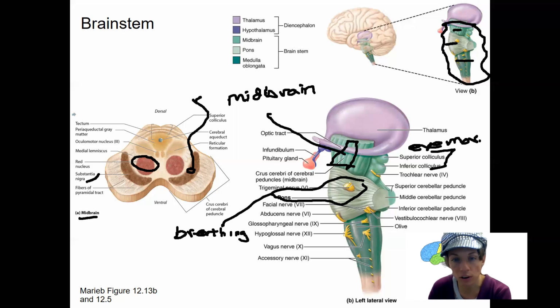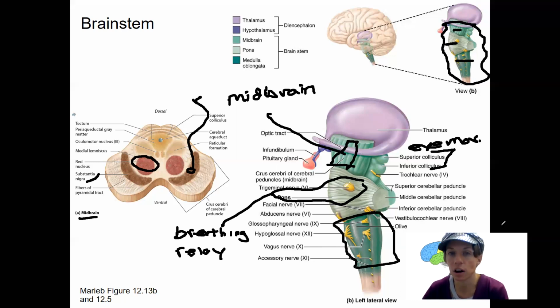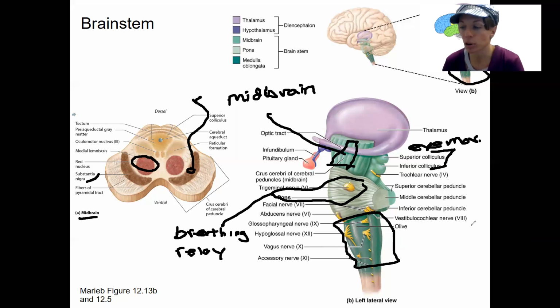This would be facial movement from the trigeminal nerve, etc., relay with that. Lastly, we've got the medulla down here, the medulla oblongata. This is going to be involved in other involuntary functions, such as blood pressure, breathing, swallowing.